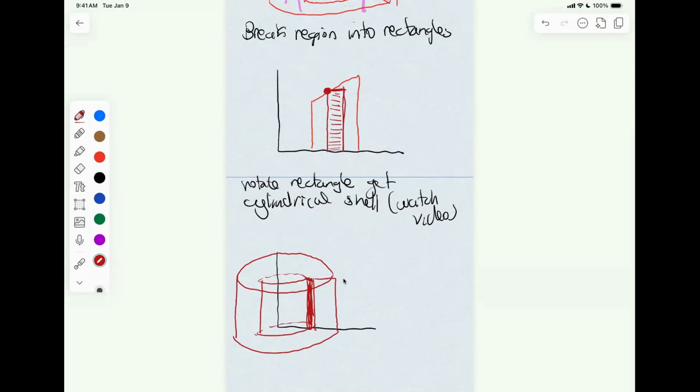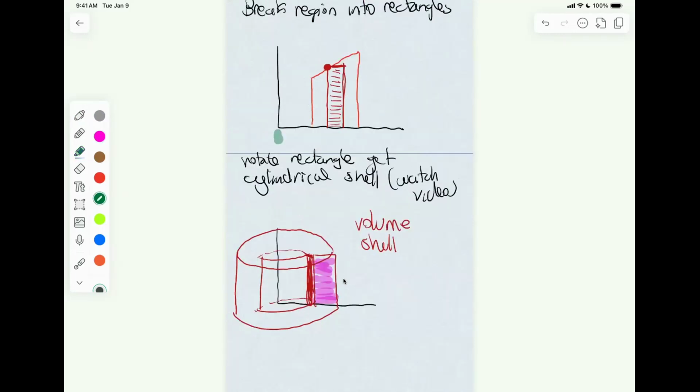And so what is the volume of this shell? How should you think about this? What happened is you took this strip, think of it as a vertical strip, which you rotate. Suppose the strip is at a distance x from the origin, and it has some thickness dx.